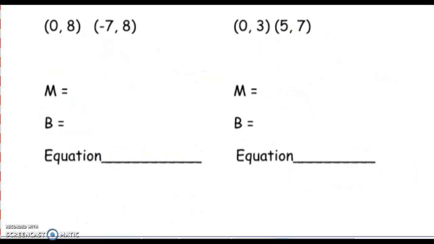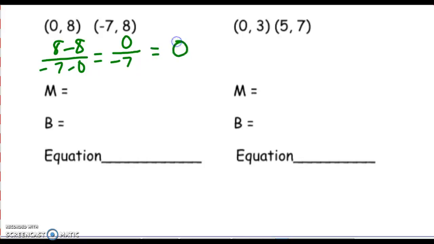Again, I'm going to do 8 minus 8 over a negative 7 minus 0. In this case, 8 minus 8 is 0 over a negative 7, which actually equals 0. When 0 is my numerator, remember my slope is just 0.